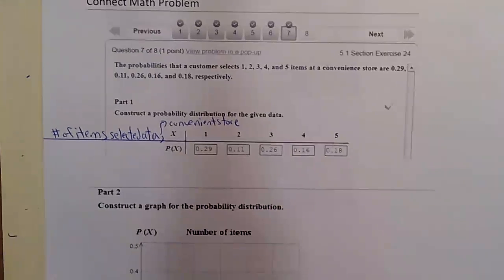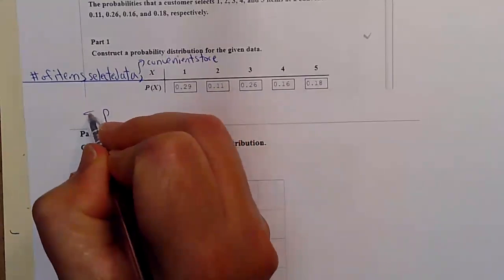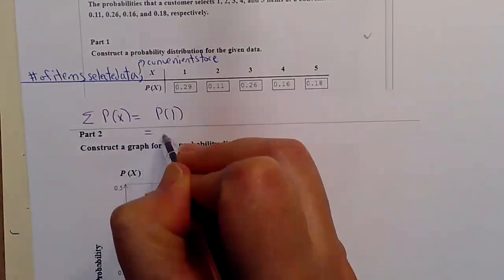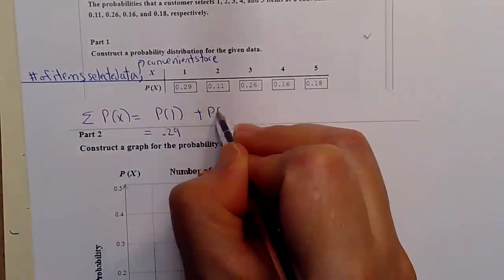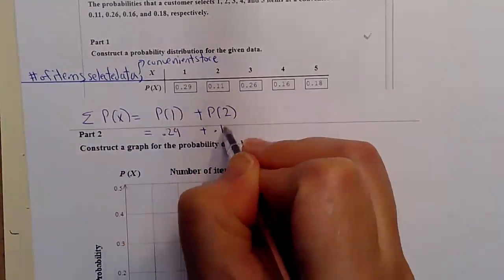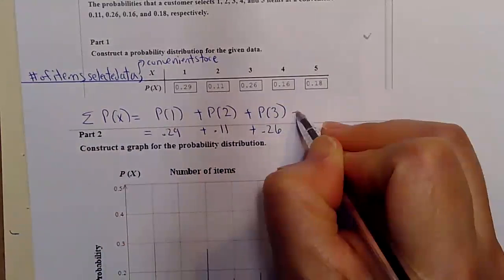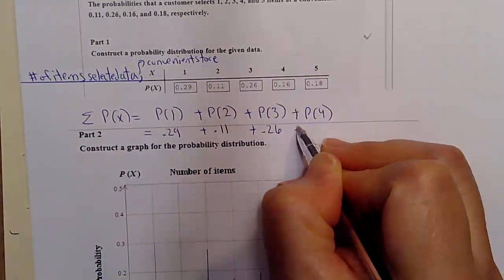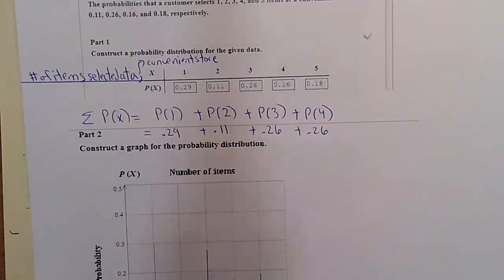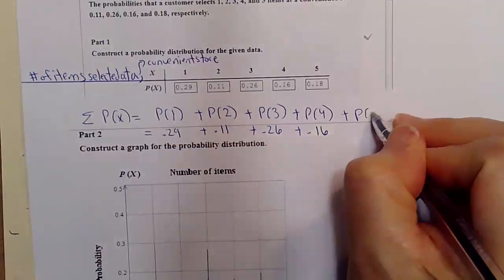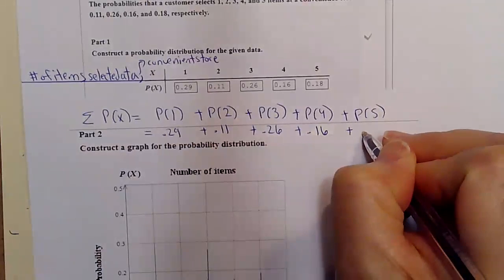So if I do that little test, the summation of probability of X equals probability of 1, which is 29 hundredths, plus probability of 2, which is 11 hundredths, plus probability of 3, which is 26 hundredths, plus probability of 4, which is 16 hundredths, plus probability of 5, which is 18 hundredths.